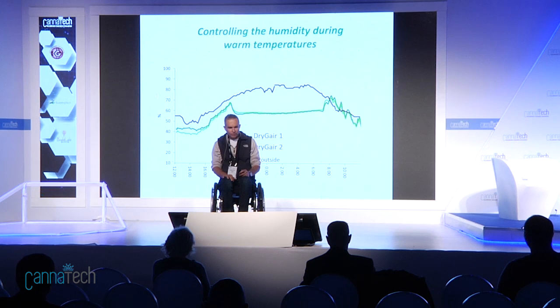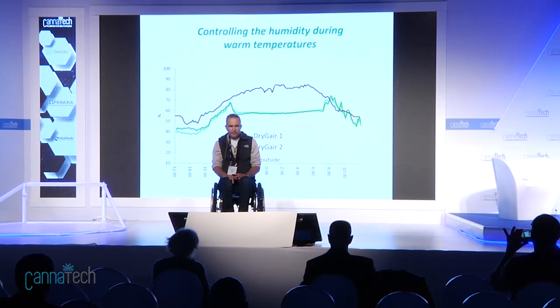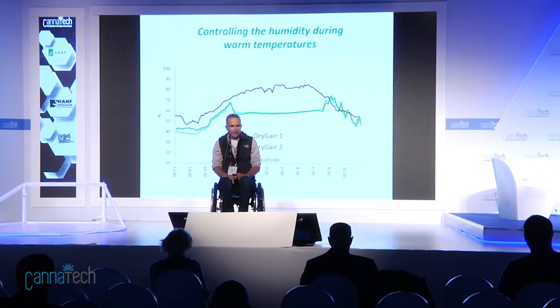I want to show you, for example, one of the graphs in warm temperature. You can see outside we have something like 80% of relative humidity, and inside we have 50–60%. We need to understand that it's very important not to get to the dew point.